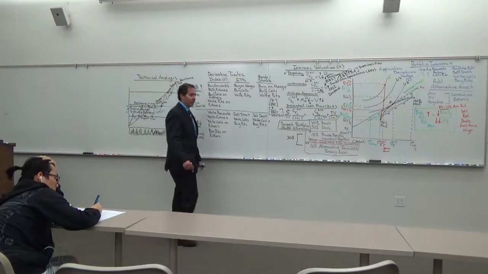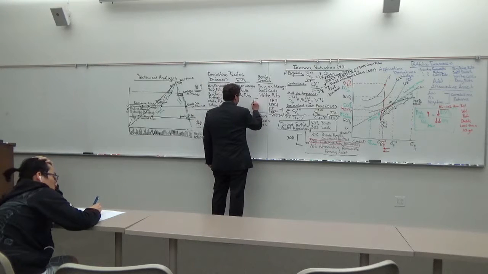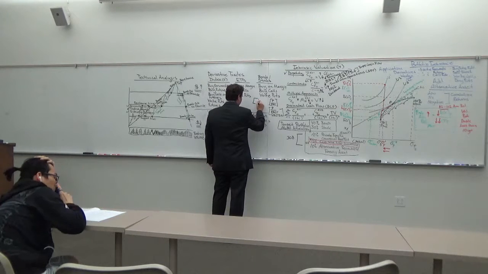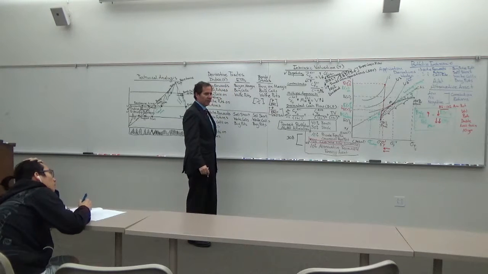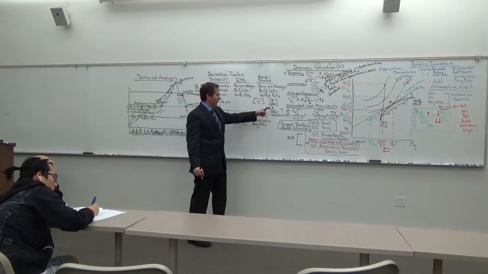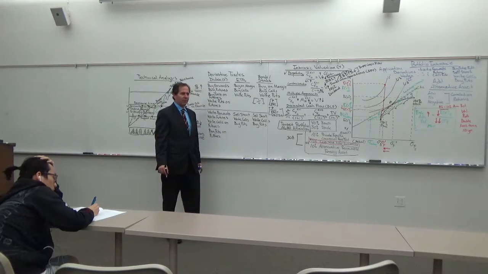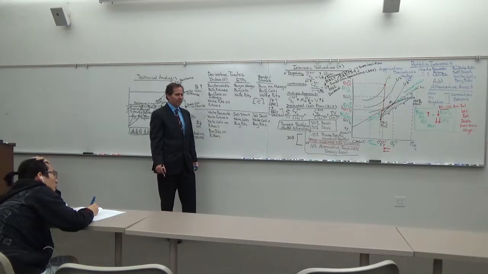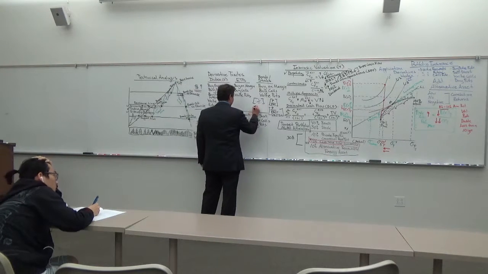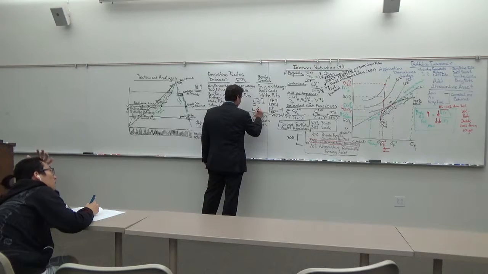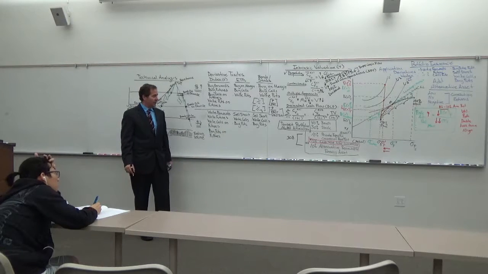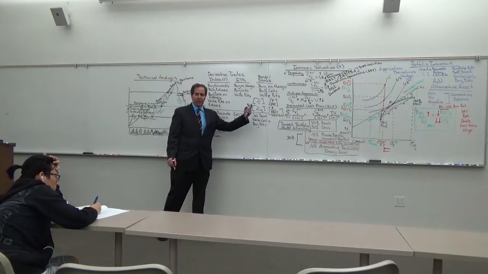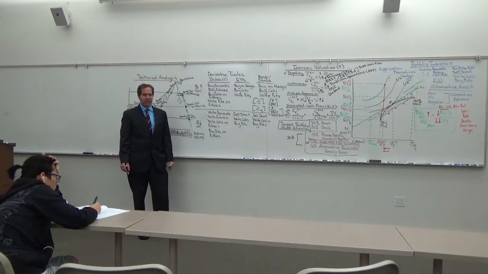I can also create multiples by using the perpetuity model. 1 divided by I is going to give me a multiple. And in that case, I'm assuming that the cash flows are going to remain constant forever. I can also manufacture a multiple using the Gordon growth model, which assumes that the cash flows are going to grow at a constant rate into the future.